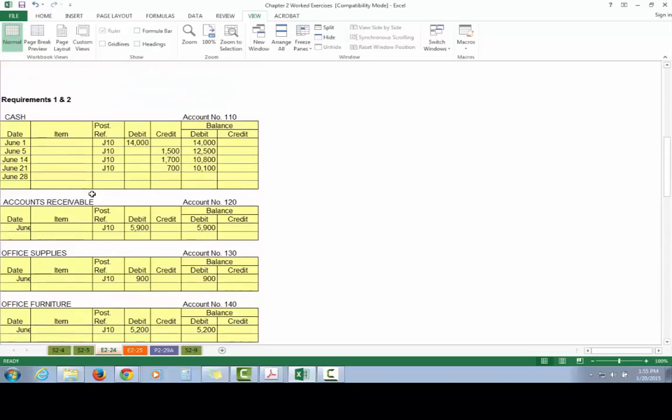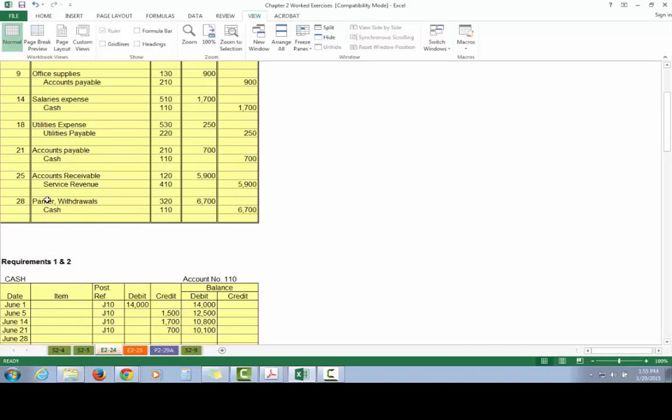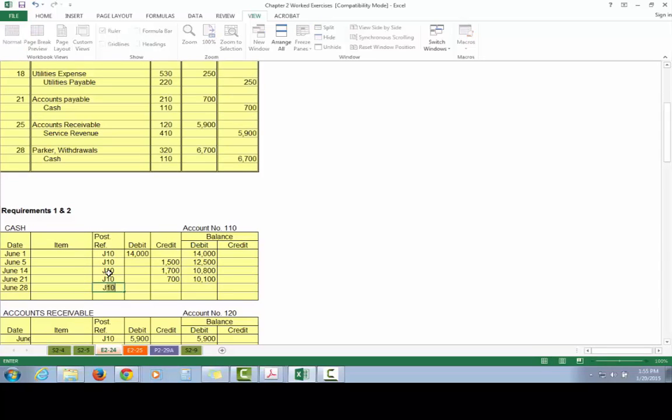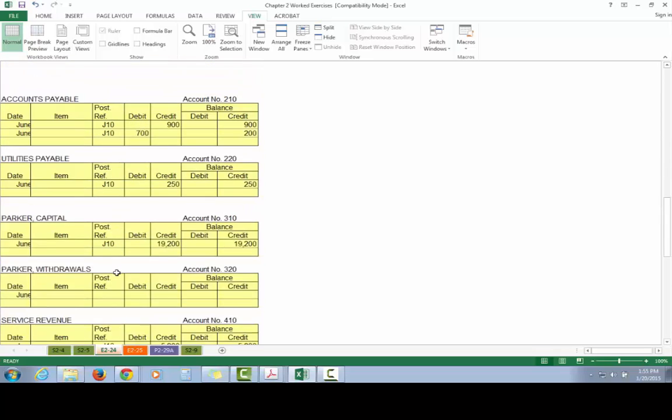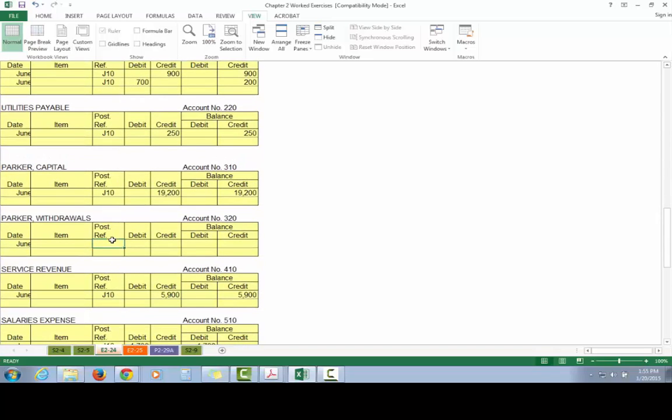Okay, that leaves us with one more journal entry. So we debit withdrawals, $6,700, and credit our cash. So I'm going to go ahead and credit cash, $6,700. So now we got a $3,400 balance, and then we're going to do withdrawals. It was a debit.